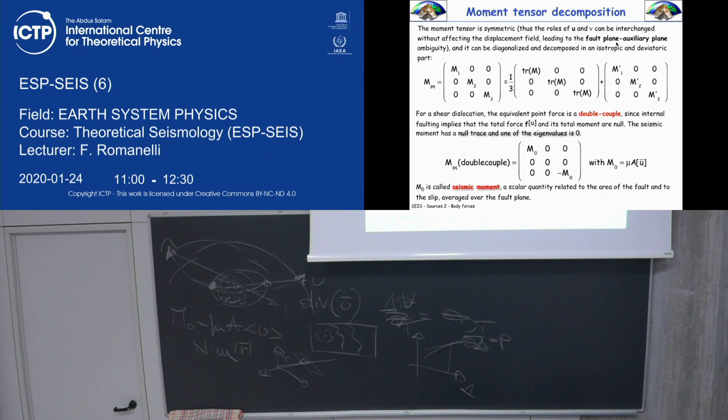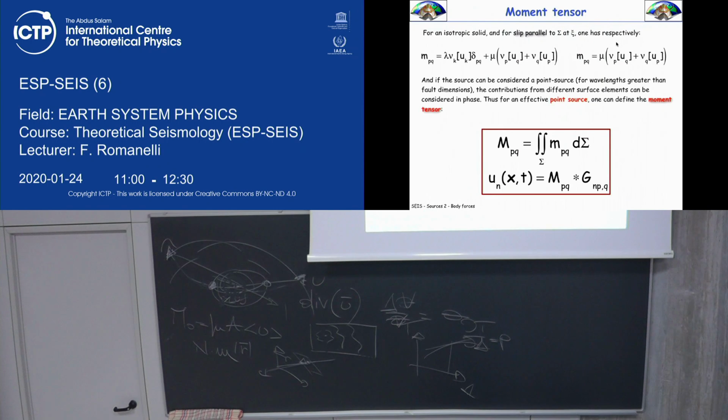Now, that was the point where we decided, okay, let's consider just a pure shear dislocation. Then just mu is there, and what is left is this. Now you can exchange n and ν and you will get exactly the same.